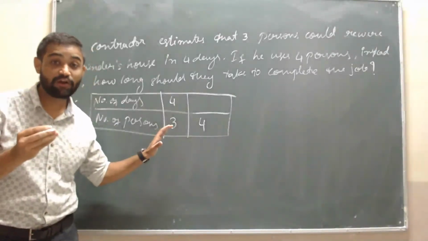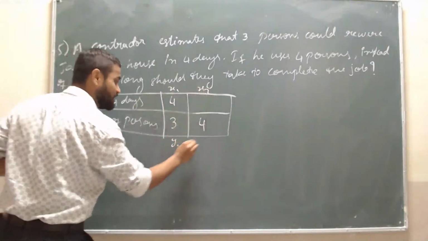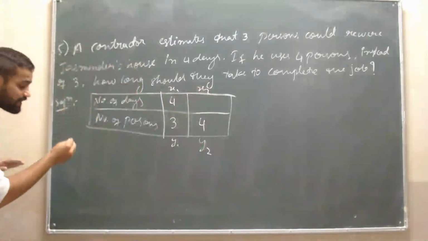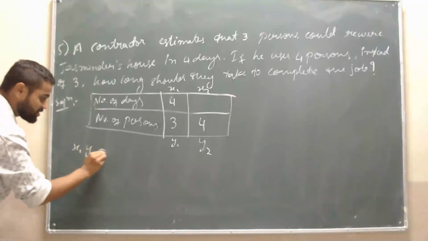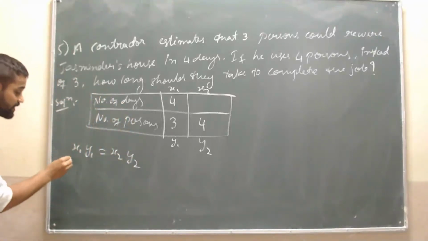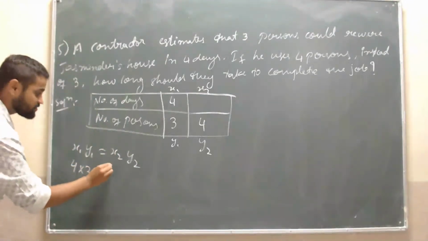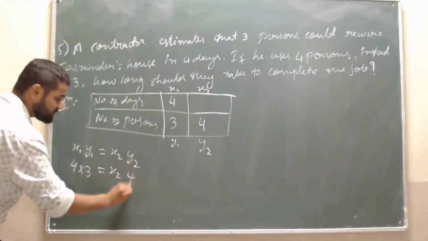Simple. Then what do we have to find out, children, here? X1, X2, Y1, Y2. Then put the formula here: X1 Y1 is equal to X2 Y2. Substitute the values. X1 is 4 and Y1 is 3. X2 we don't know, and Y2 is 4.